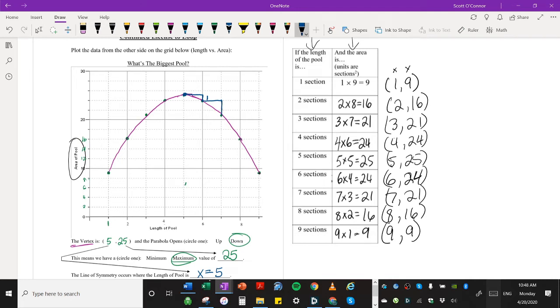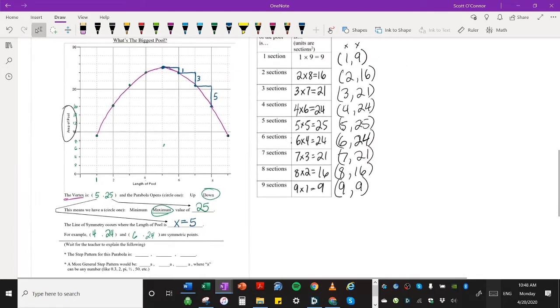So we went from 24 to 21. How much did the y value decrease by this time? It decreased by 3. Okay, what about the next step? 21, and we went down to 16. How much did it decrease by now? It decreased by 5. So this is the step pattern, 1, 3, 5.